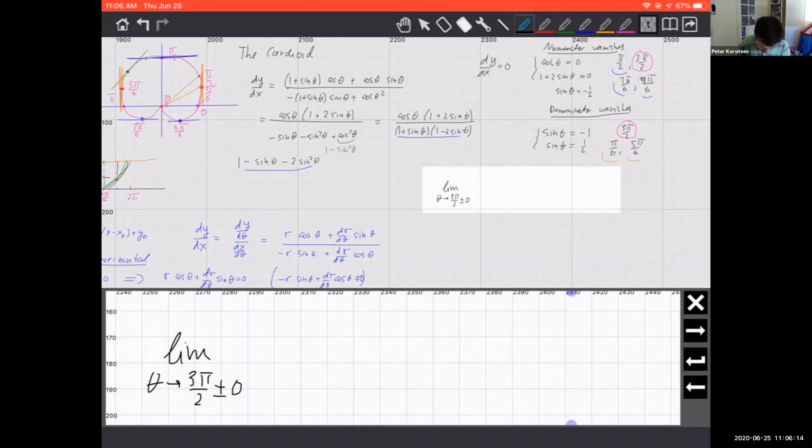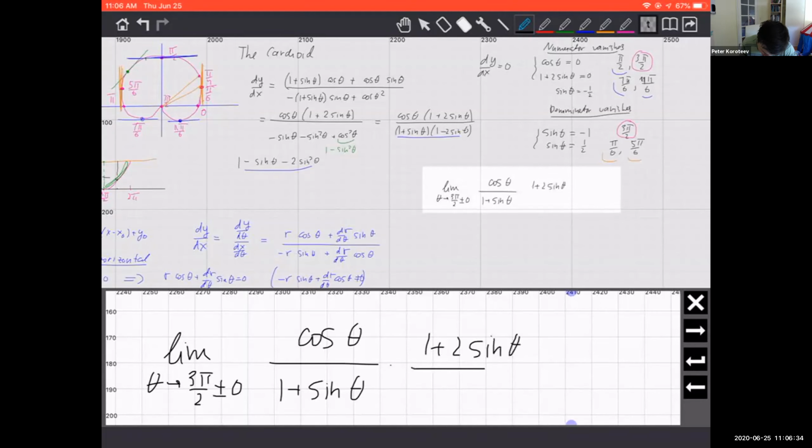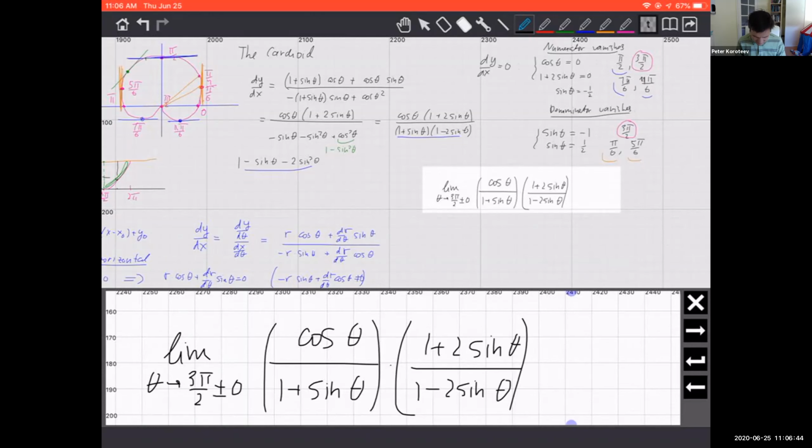Okay, I'm just looking at the formula above here. So 3 pi over 2 came in a cosine, right? So it's cosine theta over 1 plus sine theta, times 1 plus 2 sine theta over 1 minus 2 sine theta. The reason why I factorized it is because the second fraction behaves fine when theta is equal to 3 pi over 2.